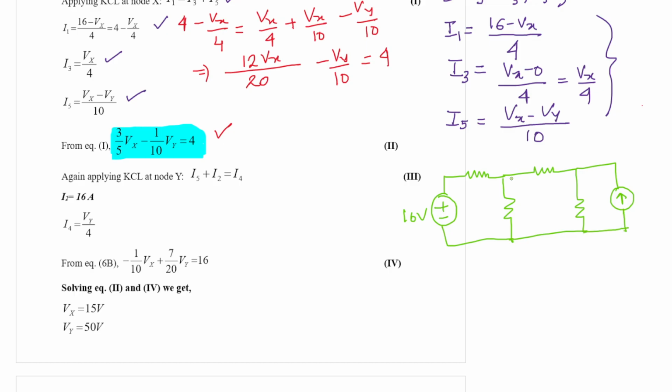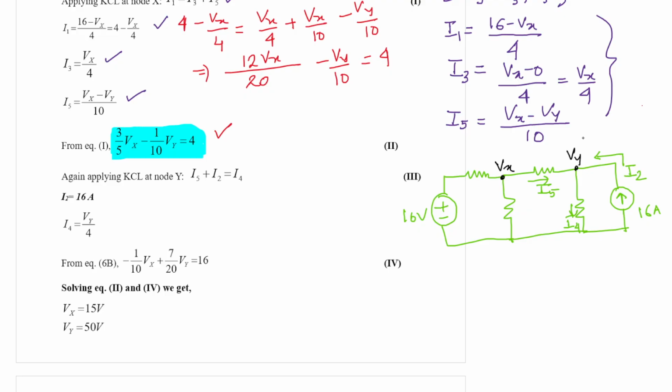This current we assumed I5, this current we assumed I4, and this source is 16 ampere, which we assume equal to I2. We assumed this node was Vx and this node was Vy.